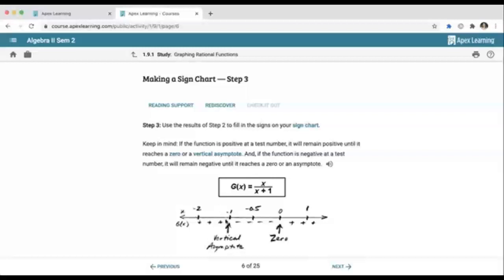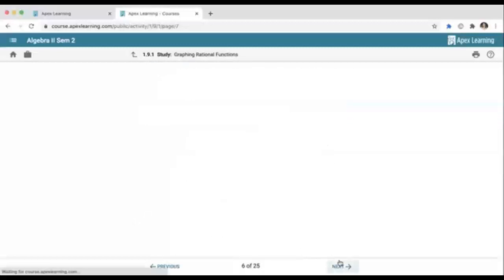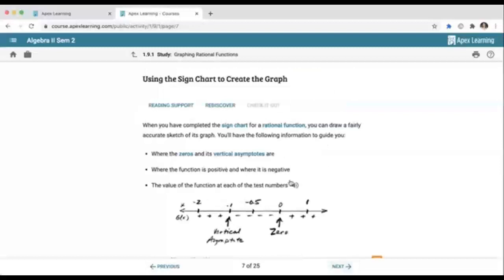So again, for example, the -2 was going to be positive, right? So if I kept going, -5, -30, as long as it doesn't cross another major point, it's still going to be this positive value. Same thing here on the other side, it's still going to be positive. Okay, so then what we can do here is use this sign chart to create our graph.